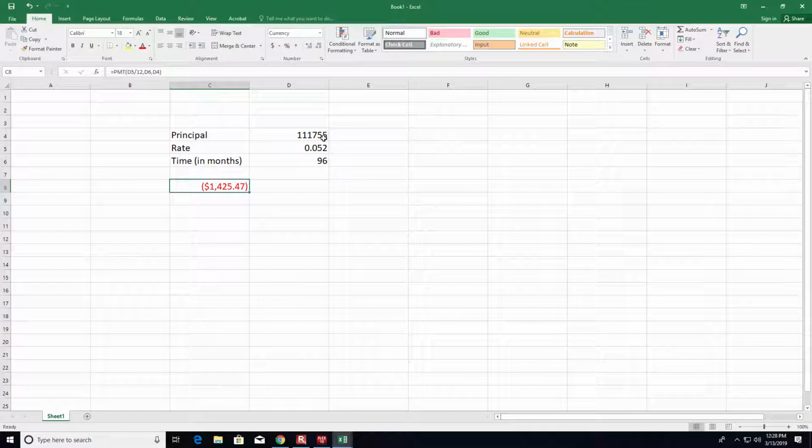So let's start: equals PMT, open paren, and it's where the data is. Yeah, divided by 12. And click on the T. I think you used the time for the interest rate, the 5.2. You clicked on the 96.